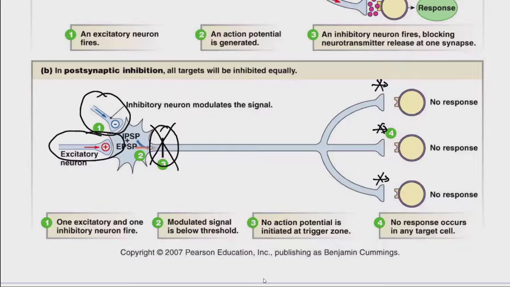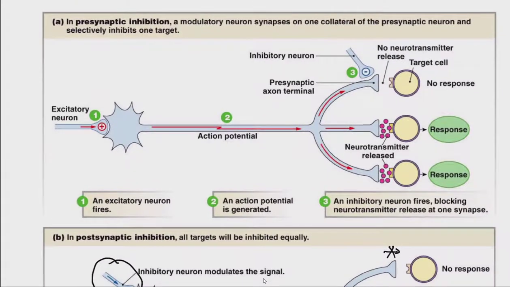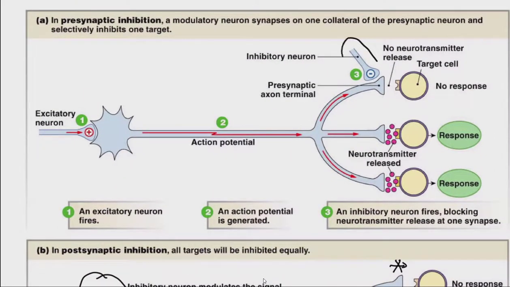But consider if I take that inhibitory neuron and move it somewhere else. In this example here, it's actually moved to the axon terminal itself. Kind of interesting. So what's happening here? Well, now we have an excitatory neuron that is generating enough positive charge to start action potentials.